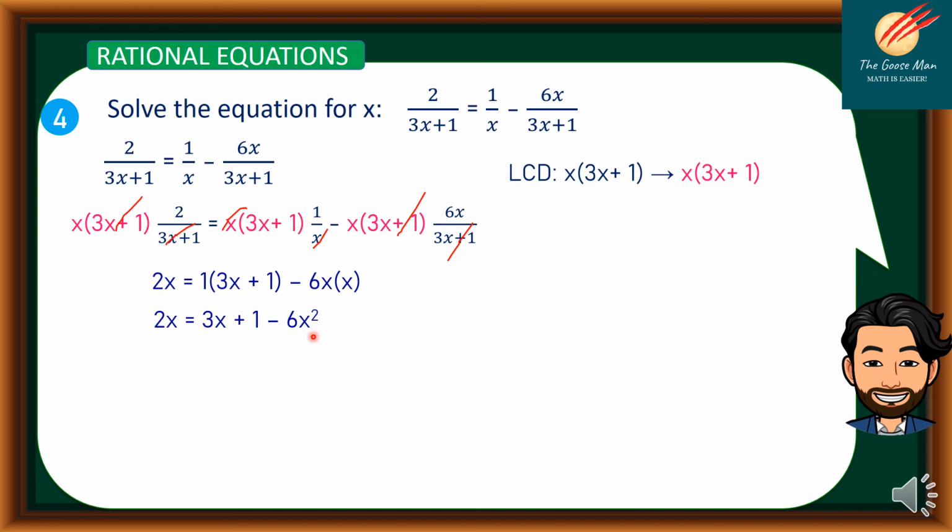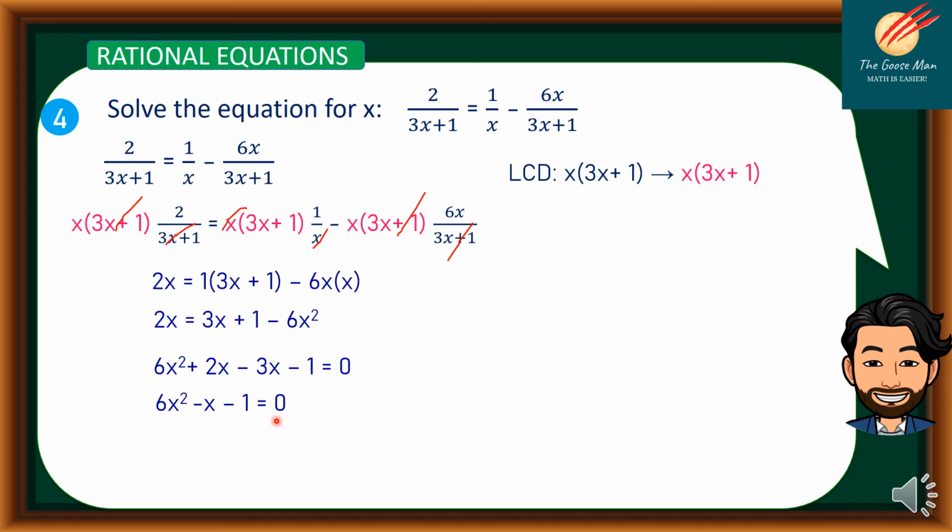Then, if we simplify this further, I'll put all these expressions on the other side, leaving 6x squared plus 2x minus 3x minus 1 is equal to 0. Combining similar terms, 2x minus 3x, it results in 6x squared minus x minus 1 is equal to 0.